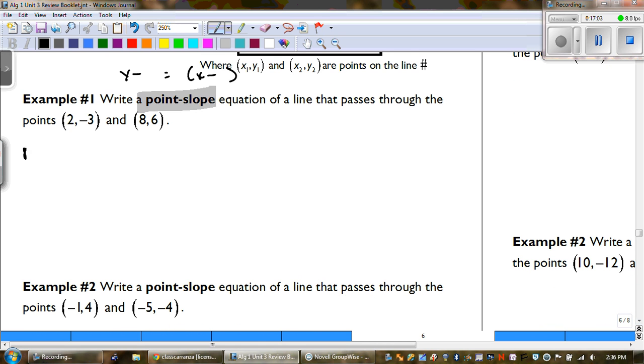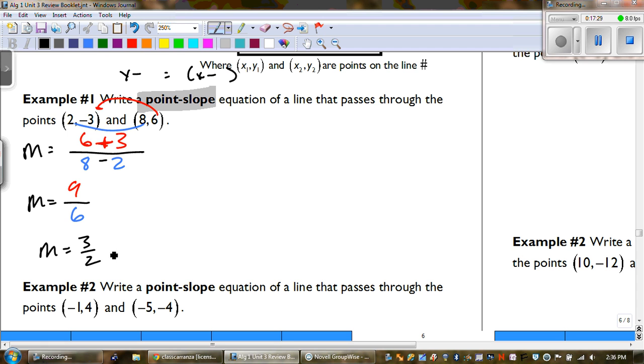So, if those are our points, the first thing we have to do is figure out what the slope is. So we got 6 minus 3, and then we got 8 minus 2. 6 plus 3 is 9, and 8 minus 2 is 6. And when you reduce that by dividing the top and bottom by 3, you get 3/2.